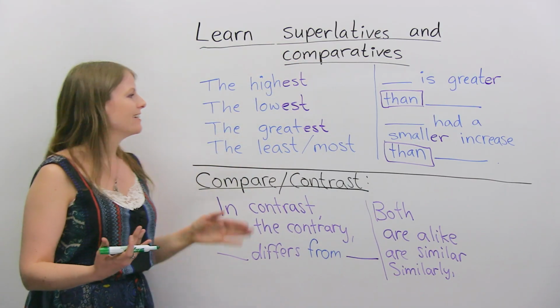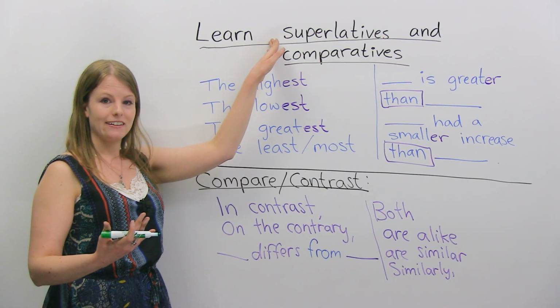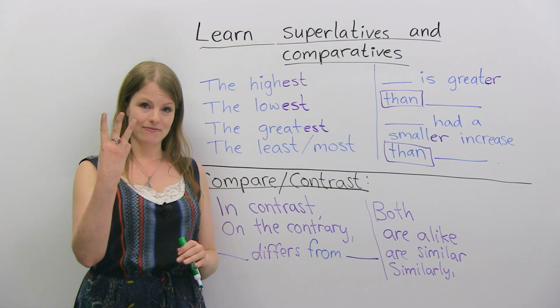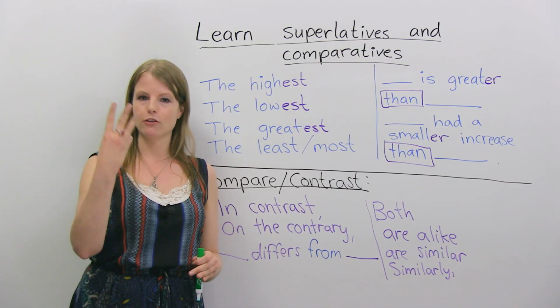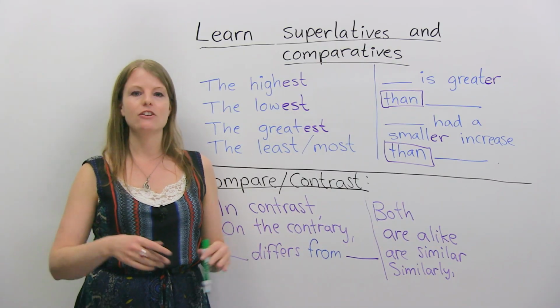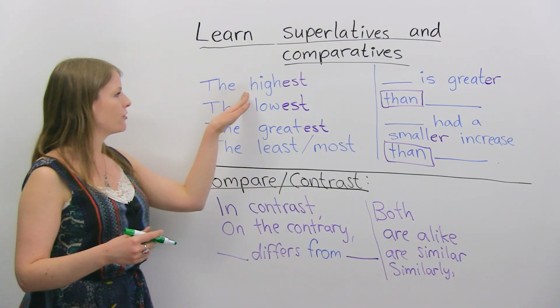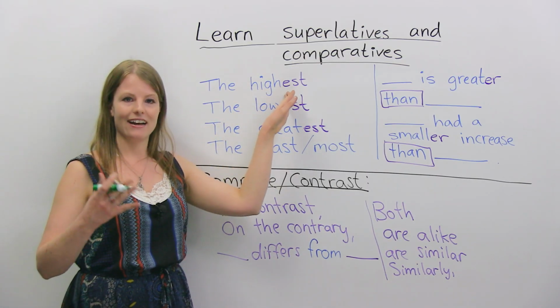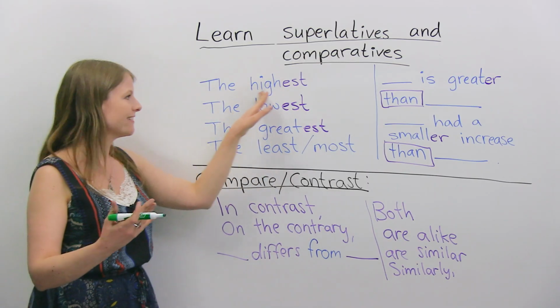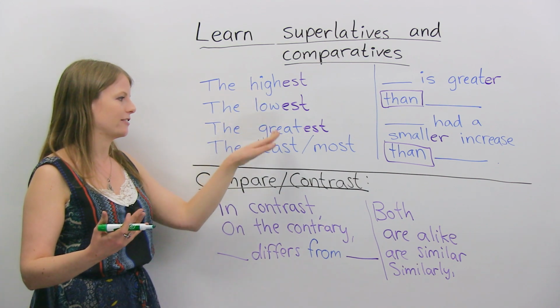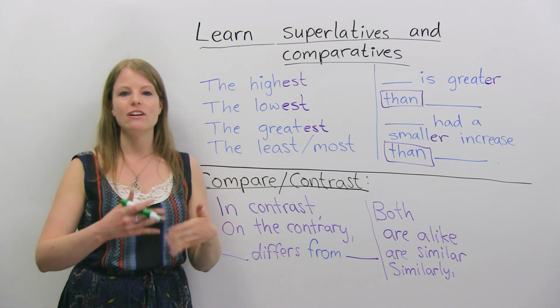So as a reminder, superlatives is when you're comparing 3 things or more. You could be comparing 3, 4, 5, 6, 10. You use the superlative, and what you're doing is saying out of those things, which is the highest, which is the lowest, which is the greatest. Pretty much you can do it with anything.